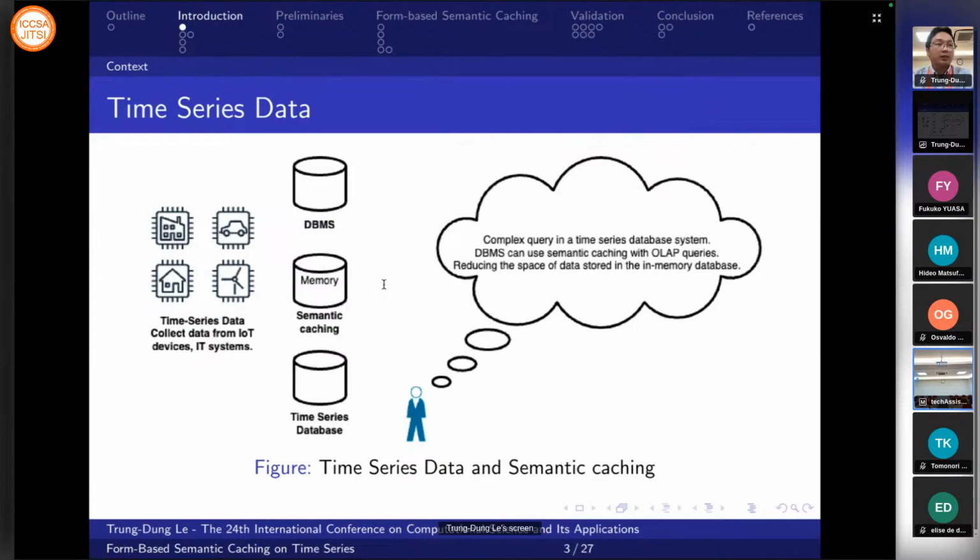In database manager systems, like relational database manager systems, we already have methods to accelerate query processing by semantic caching.